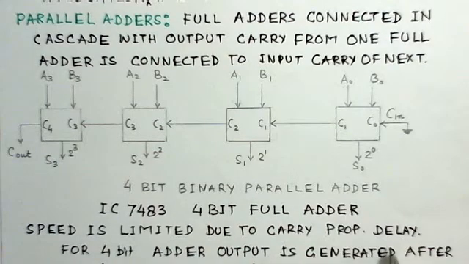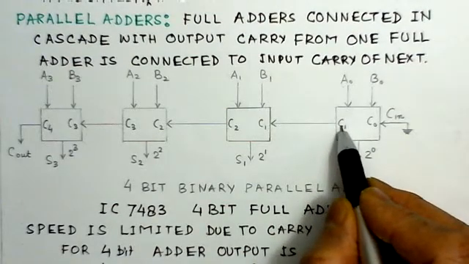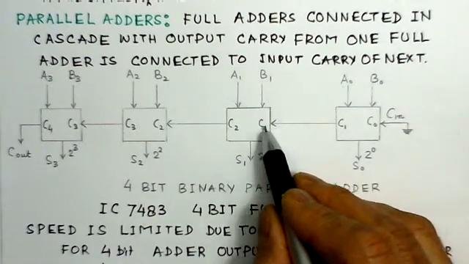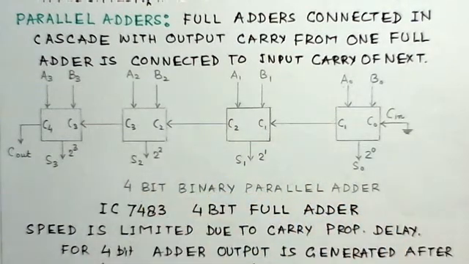Speed is limited due to carry propagation delay. That means we notice the carry generated here will propagate to the next bit. Similarly, this carry generated here will propagate to the next bit. So it will take time here. That is said to be a carry propagation delay. The 4-bit adder output is generated after 4 times the propagation delay.